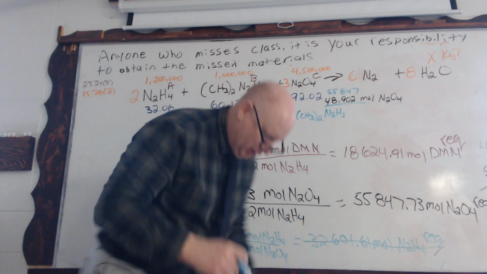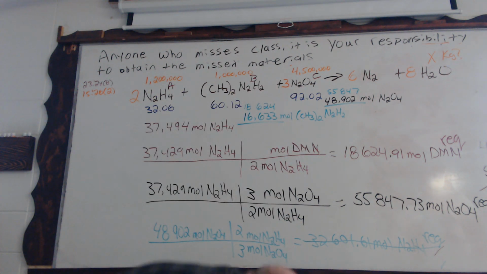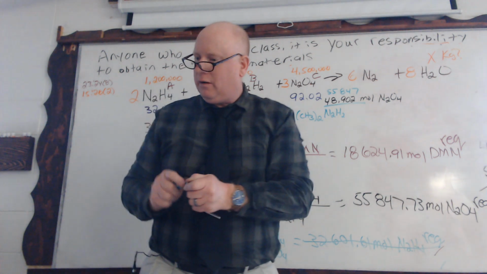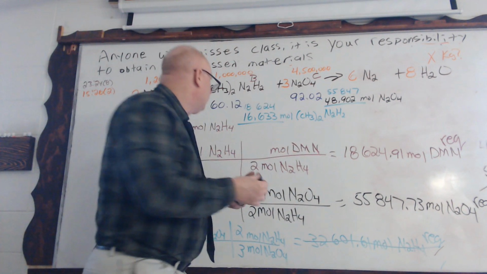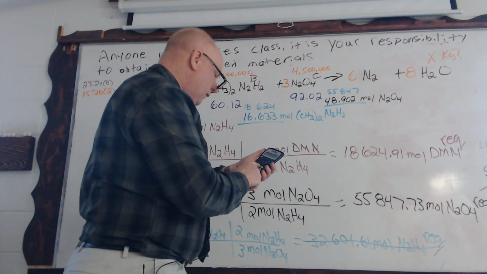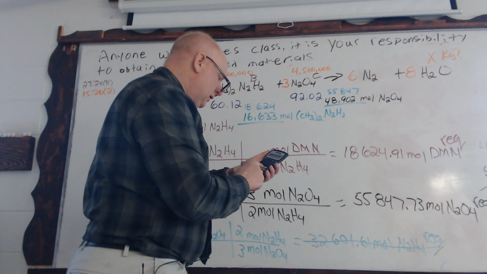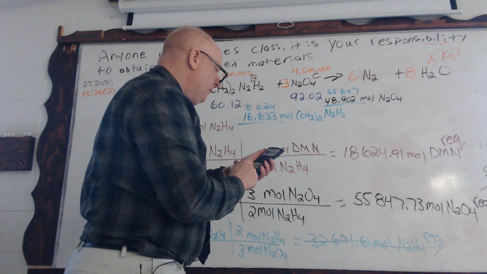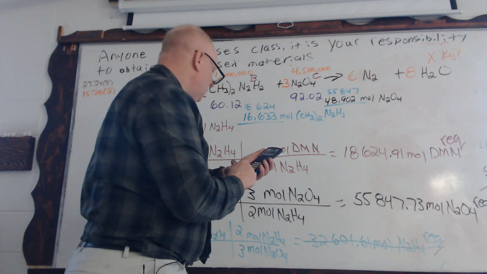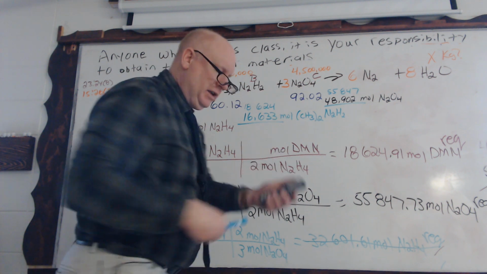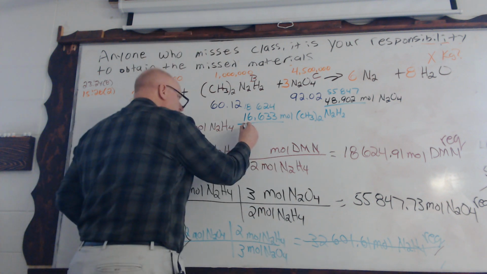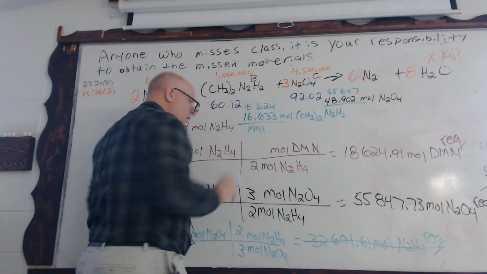We could double check that. Let's see here. With our calculator, 18,624 minus 16,633 gives us 1991. We're short.